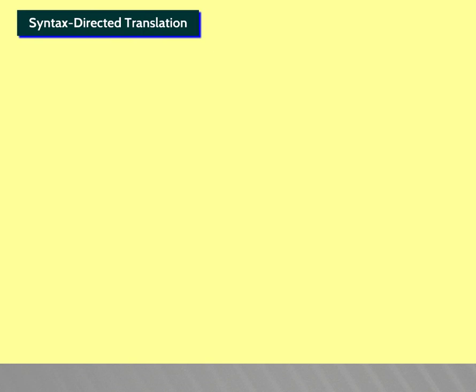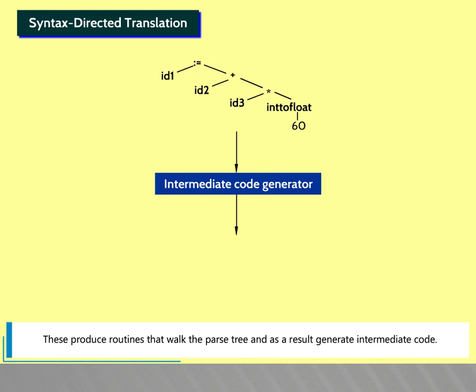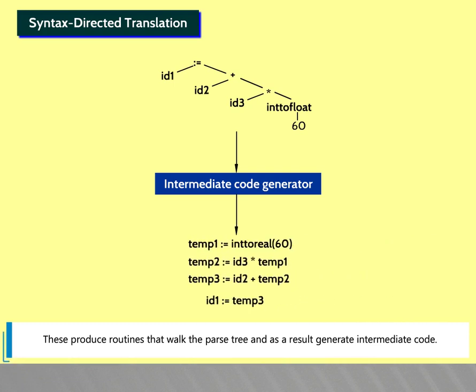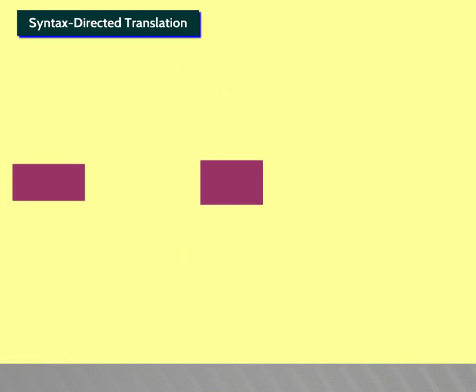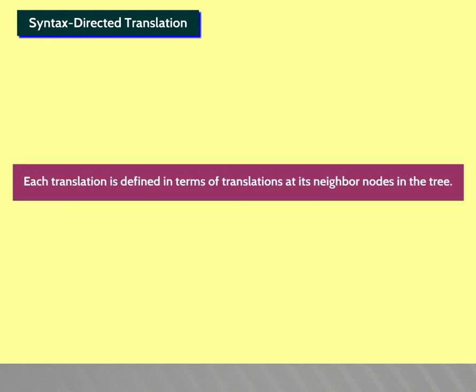Syntax-directed translation. These produce routines that walk the parse tree and as a result generate intermediate code. Each translation is defined in terms of translations at its neighbor nodes in the tree.